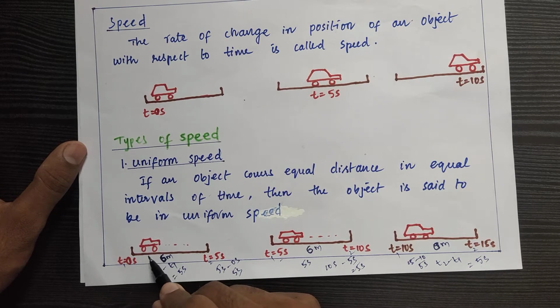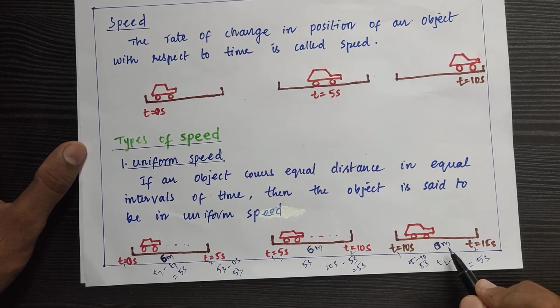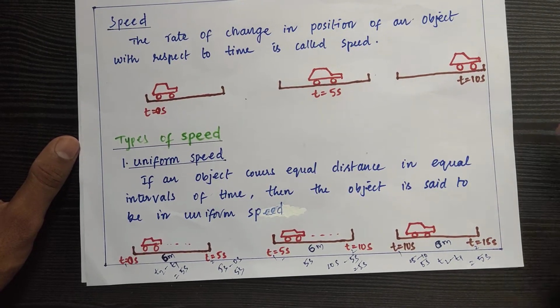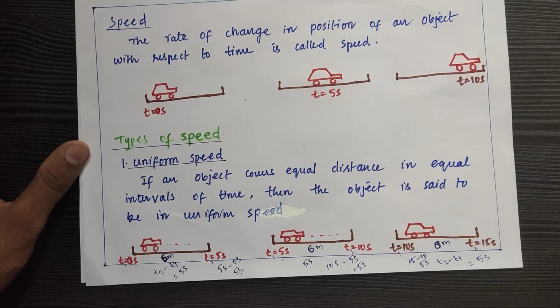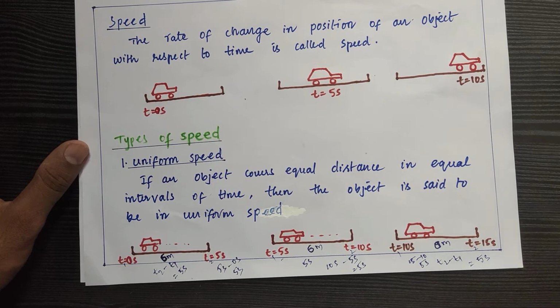And the distance covered in the three cases is the same: 6 meters, 6 meters, 6 meters. So we can say it is uniform speed, as the distance covered is the same in all three cases with equal time intervals. This is called uniform speed.